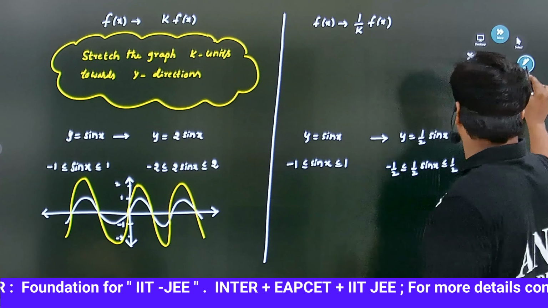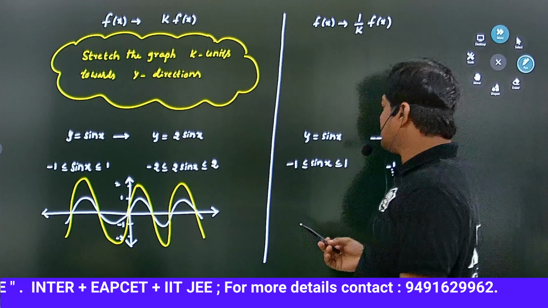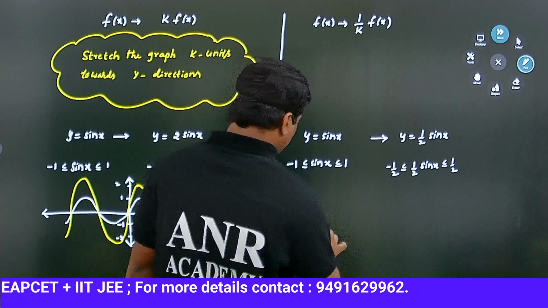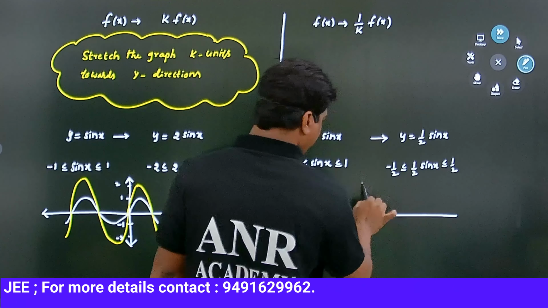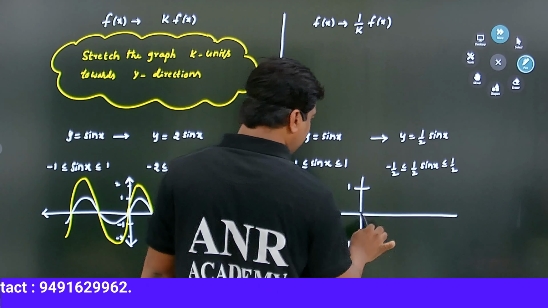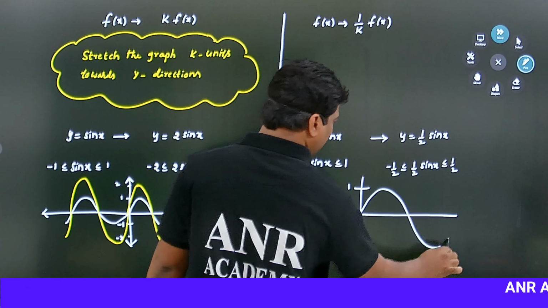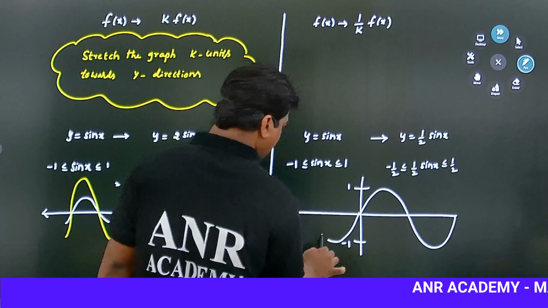And now here 1 by 2 sin x. First the sin x graph, its range minus 1 to plus 1. In the limited boundary the graph exists in this way.